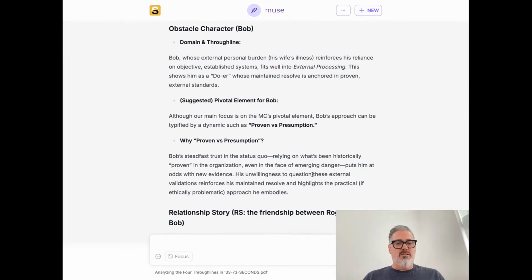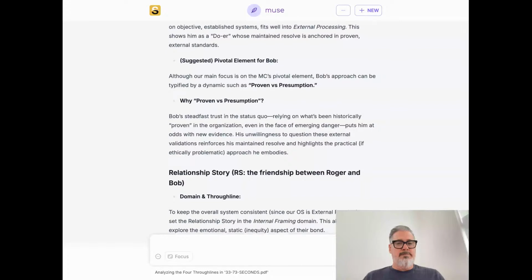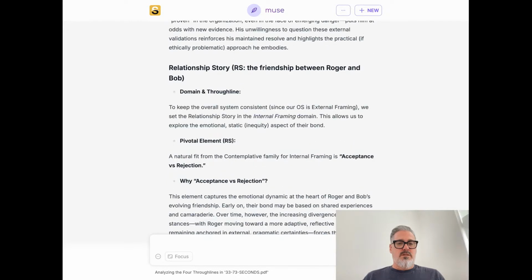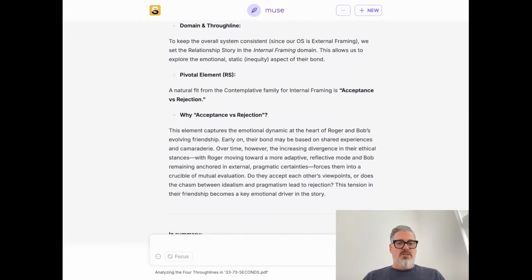Presumption, proven. Is that what it is? It's proven in presumption. Let's see. Acceptance and rejection.